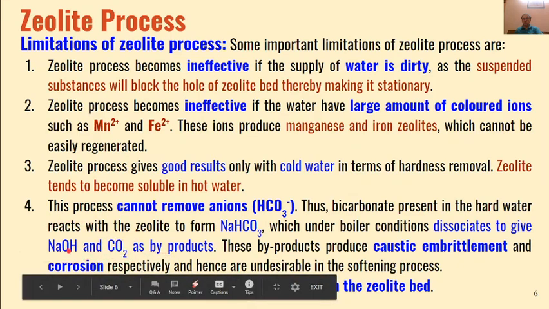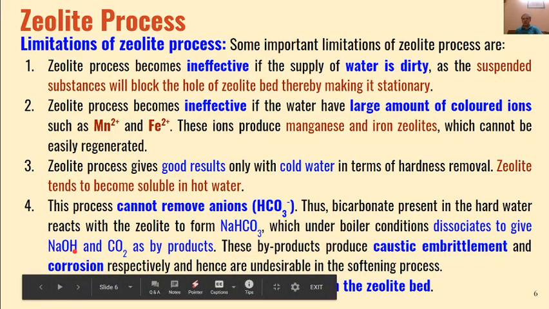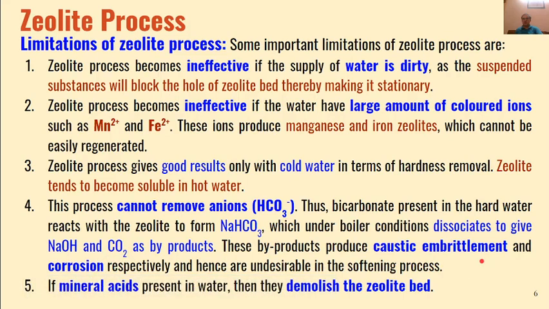Both sodium hydroxide and carbon dioxide affect the boilers in a big way, because sodium hydroxide causes caustic embrittlement, and carbon dioxide can cause corrosion in the boilers. So these are undesirable byproducts of the softening process. In this way also, there is a limitation as far as the zeolite process is concerned.